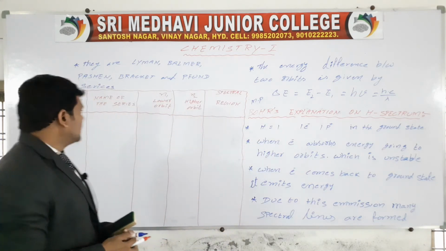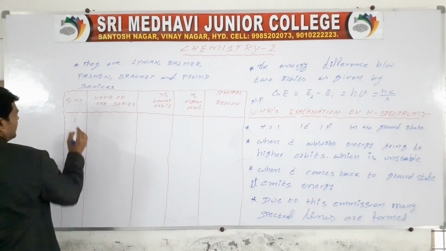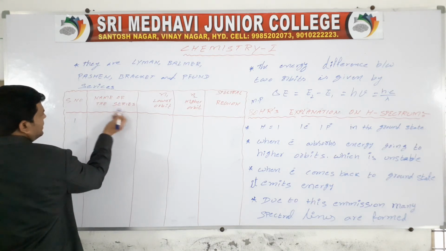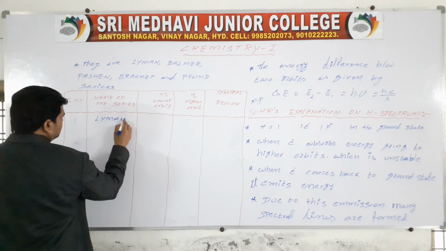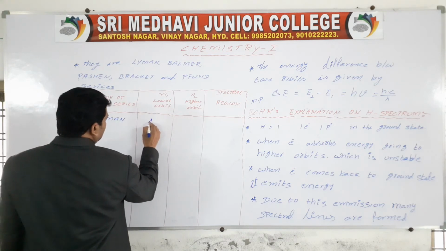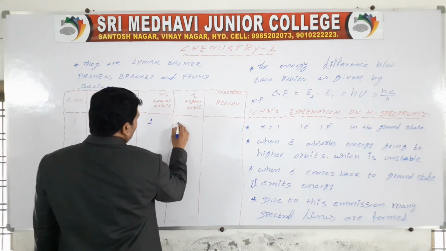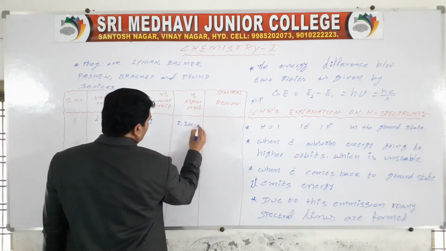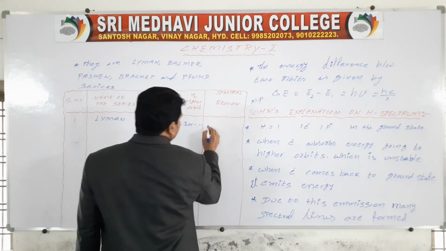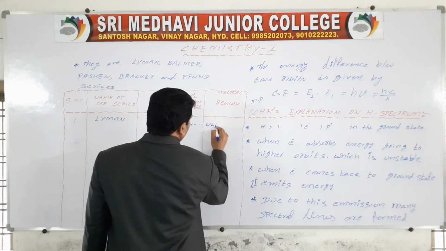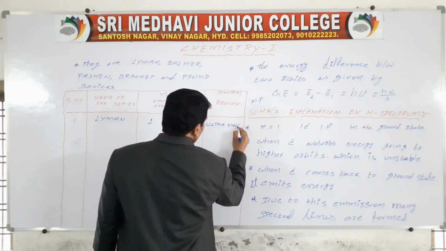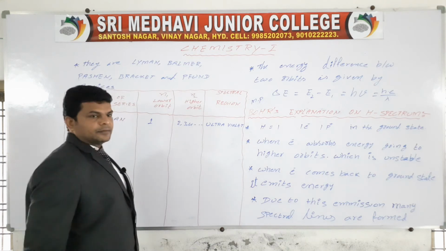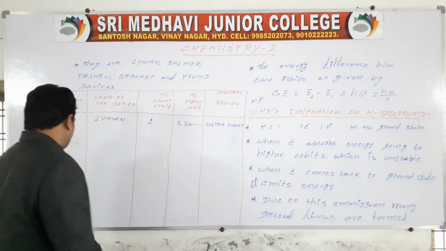Okay, see serial number 1, first series, the name of the series is Lyman. N1 value is 1, N2 value is 2, 3, 4 and so on. It is a UV region, ultraviolet region.